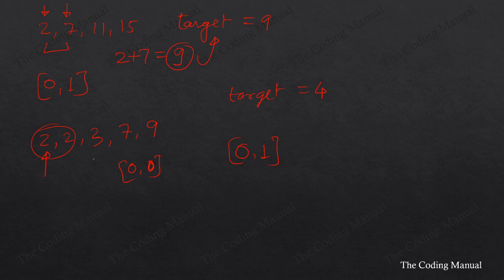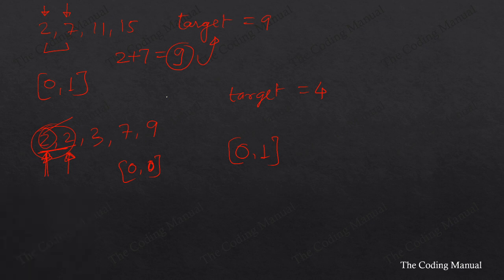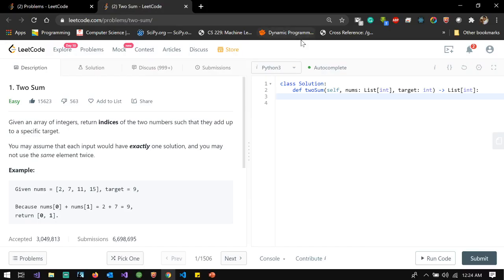So at index 0 we have 2 and at index 1 we have 2, so this element we are not using twice. This is the constraint we have. And one more constraint is every test case will have exactly one solution, so we will need to output that.